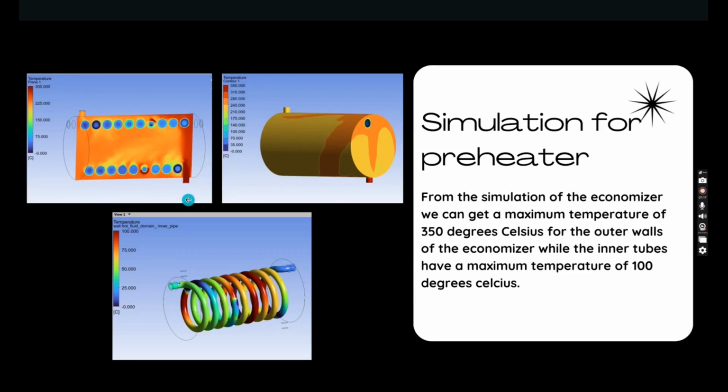As the gas goes in, it starts to spread, and then it goes out. And this is what it looks like from the drum. And this coil itself is the feed water. As you can see, we can get a maximum temperature of 350 degrees Celsius for the outer walls of the economizer, while the inner tubes have a maximum temperature of 100 degrees Celsius.